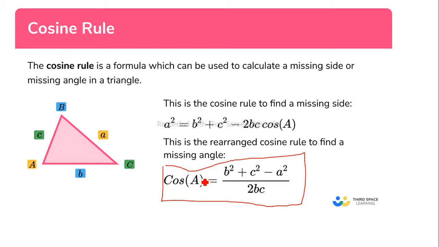Here, capital A would be our missing angle, and B would be the length of this side. C is going to be right here, and A is going to be right here.